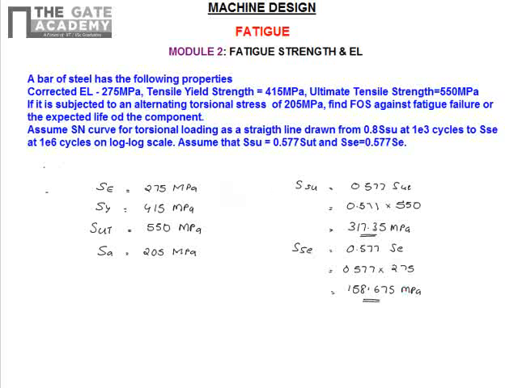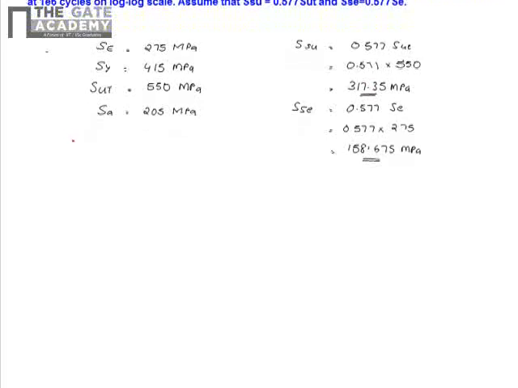Now we will draw the SN curve as we are told here. The SN curve will be a straight line drawn between log of SSU, that is 317.35 at 10 power 3 cycles, so the log will be 3, and for the point here at 6, the corresponding value will be SSE, that is log of 158.675.